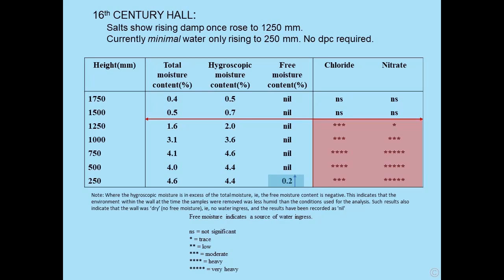So in this case, there was a proposal to put in a physical damp-proof course of many thousands of pounds for this protection. However, the data did not suggest this. It showed basically there was no problem. It was an old salt problem caused by many, many years of rising damp, which was no longer active. No DPC required.